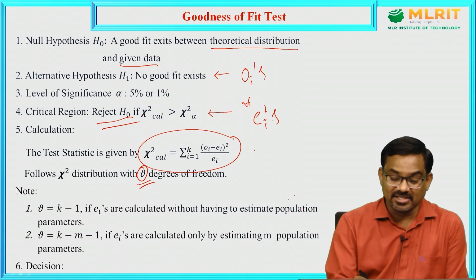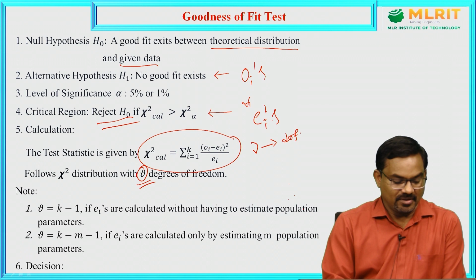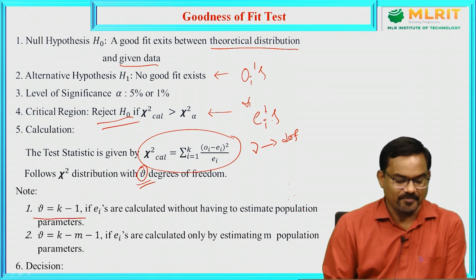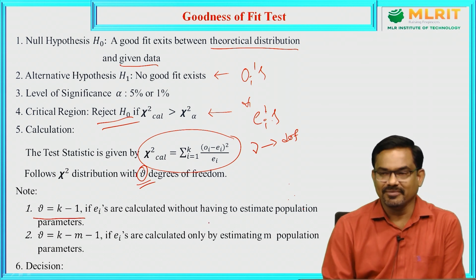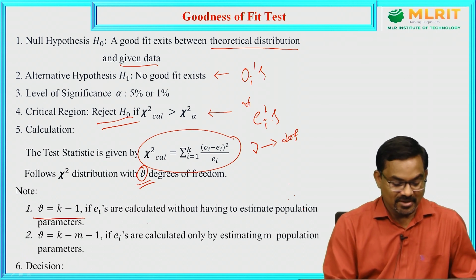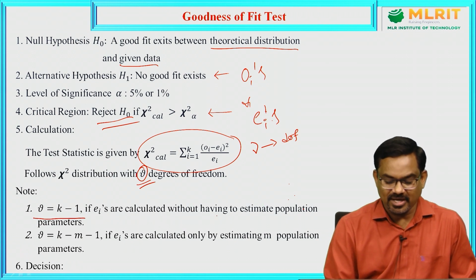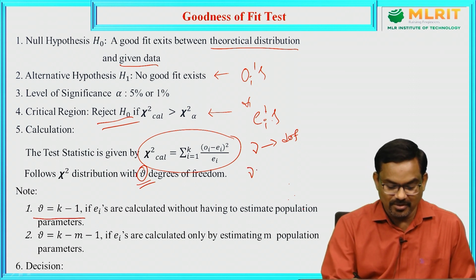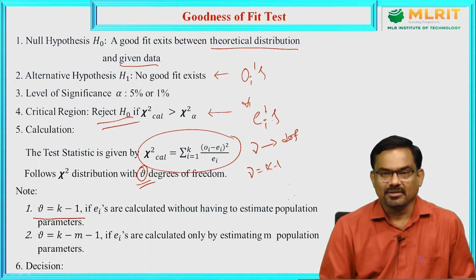And how to find this nu? Nu is the degrees of freedom. There are two different cases. The first one is nu equals k-1, where k is the number of values given in the distribution table, if Ei are calculated without having to estimate any population parameter. So if we are not estimating any population parameter to find the expected frequencies, then nu will be k-1, the total number of values given minus 1.